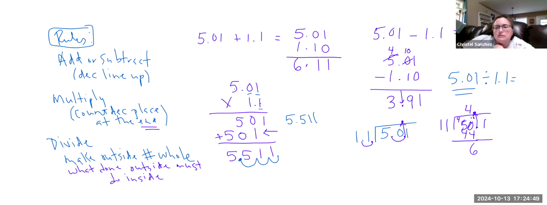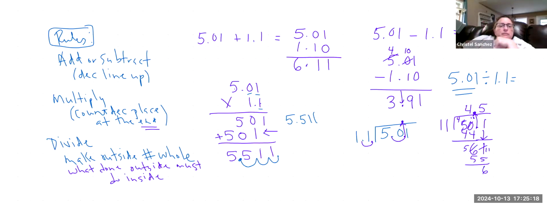It can't, so I'm going to bring down my 1. So now, how many times does 11 go into 61? It's going to be 5 times. So 5 times 11 is 55. All right, and when we do our math, we're going to have 6.